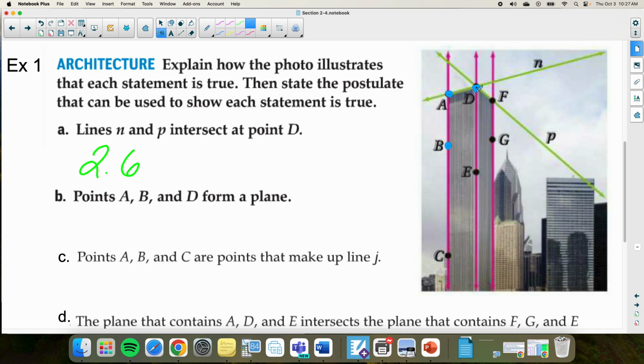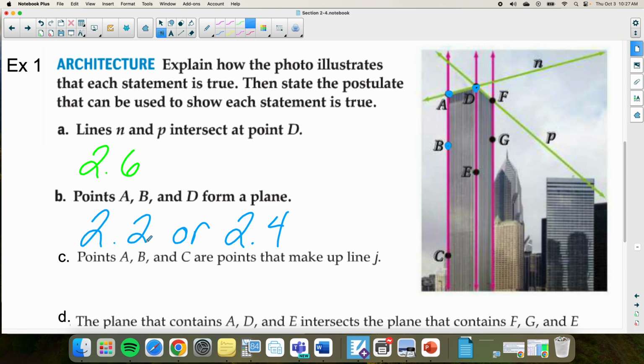So which one talks about if you have 3 points that are not on the same line, you're going to have a plane? 2-2 or 2-4, right? Don't those kind of mean the same thing? So you can write whichever one. I would accept both. So don't worry about it if you have 2-2 and the book has 2-4, you're fine.